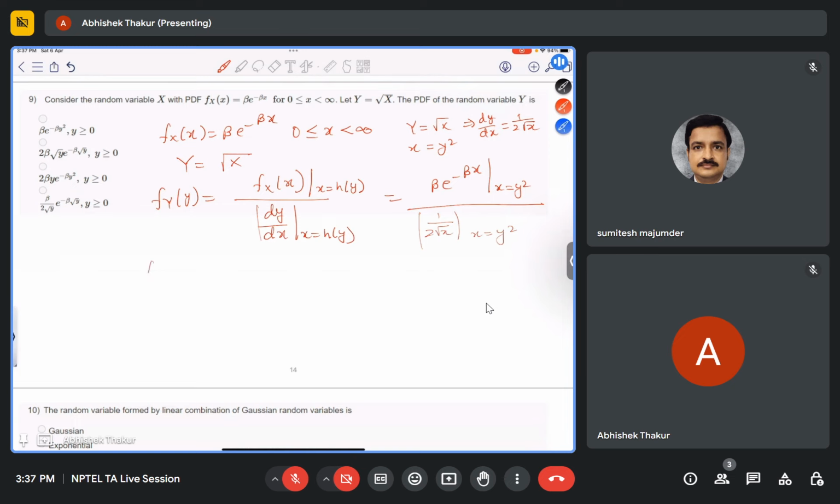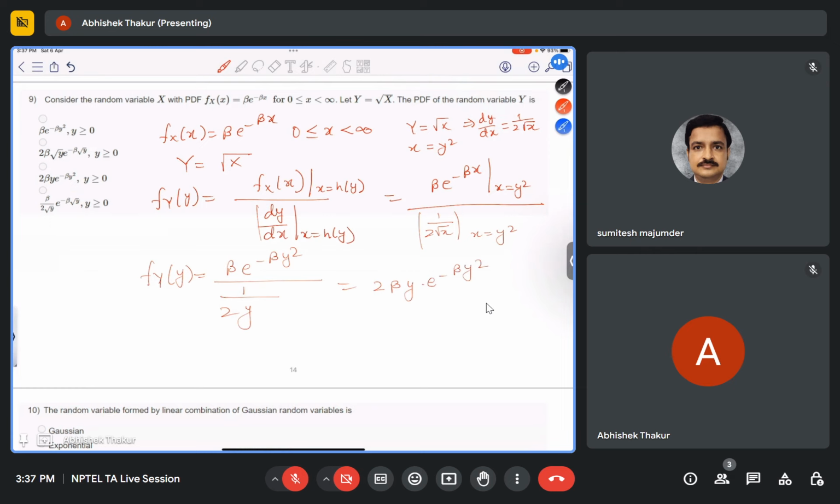After substituting the value, we will get beta e to the power of minus beta y square divided by 1 by 2, and root x is y. So this becomes 2 into beta into y into e to the power of minus beta y square.